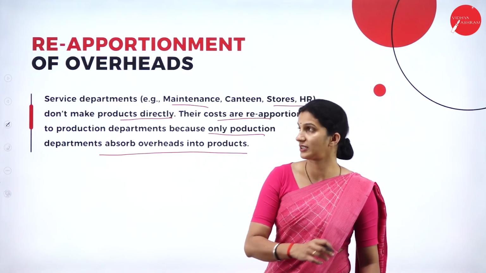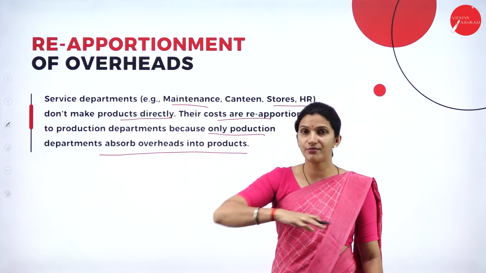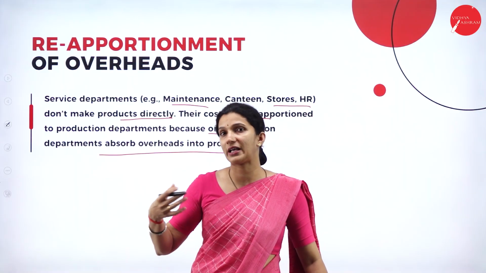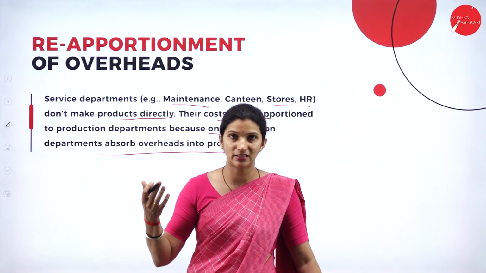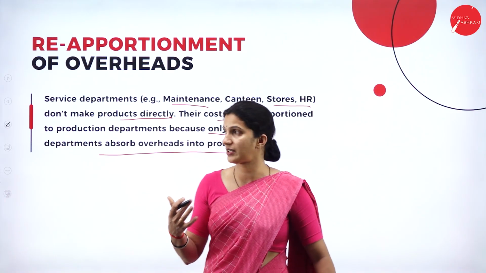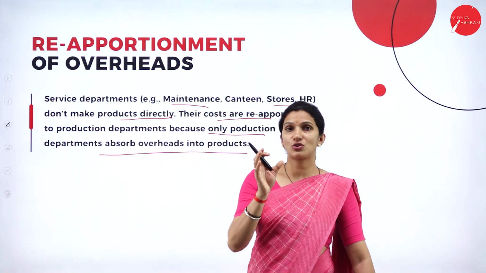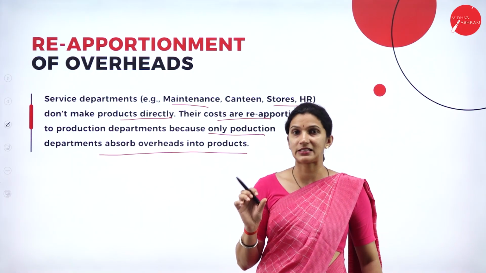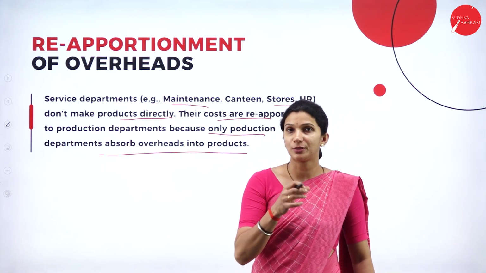That is the reapportionment of overheads, because service departments do not take part in manufacturing work. They maintain canteens, do supervision, HR-related work or stores maintenance. These are service-related works, and they indirectly help the production work.